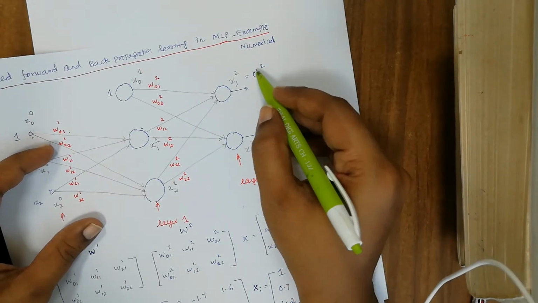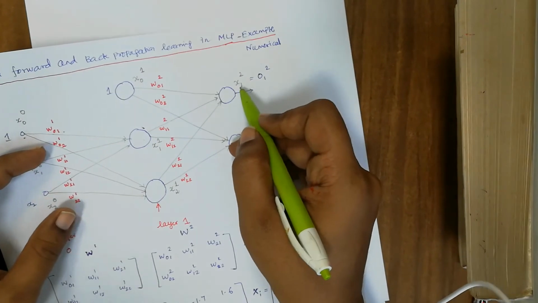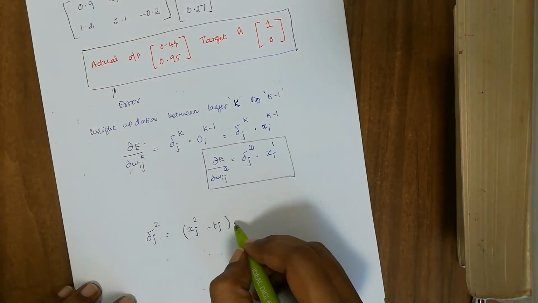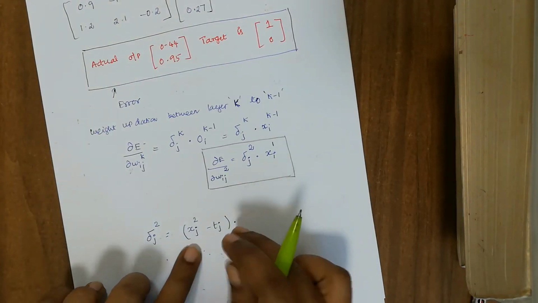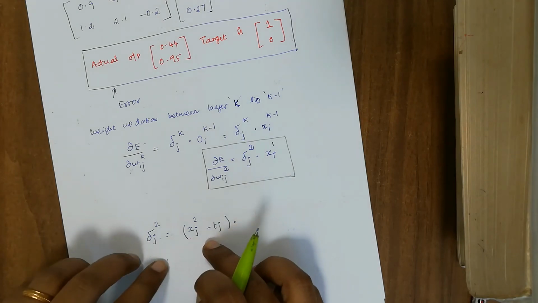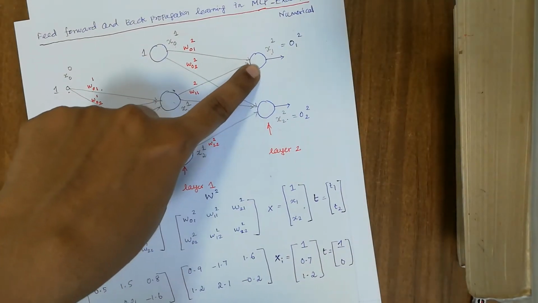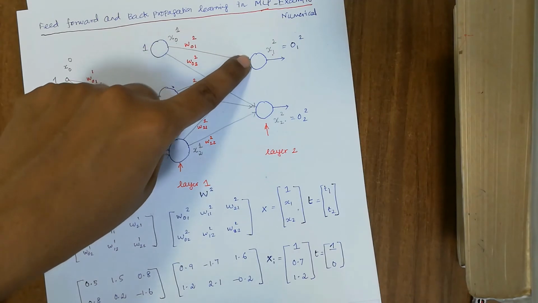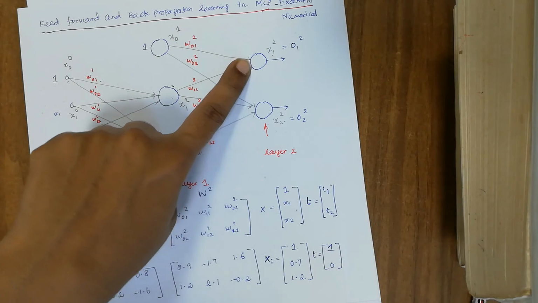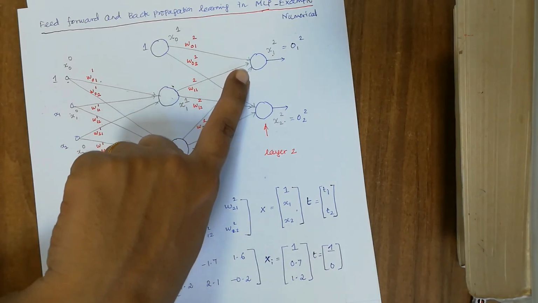In the derivative we make use of O_1^2, but here we will make use of x_1^2; both are the same. The difference between the target and the actual output, which is the error, has to be multiplied by its local derivative, the local derivative of the nonlinear function, which is of the form sigma(s) multiplied by 1 minus sigma(s).